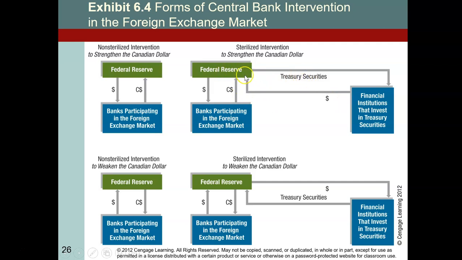This way, the Federal Reserve would collect back some US dollars, so it has enough US dollar reserves. After exchanging US dollars for Canadian dollars, the reserve in US dollars may decrease, but if we issue Treasury securities and restore the US dollar reserves, this is sterilized intervention.